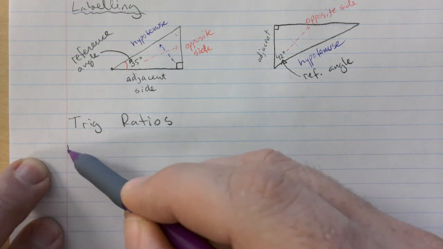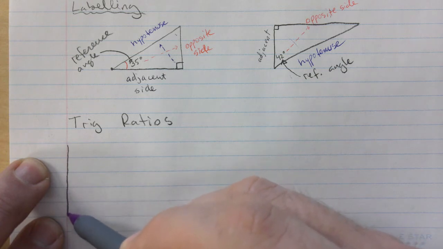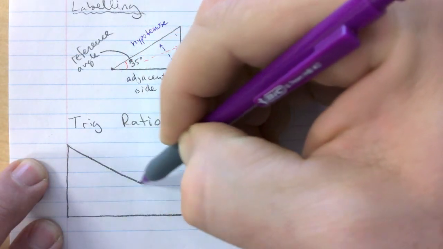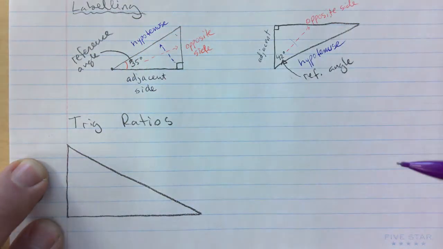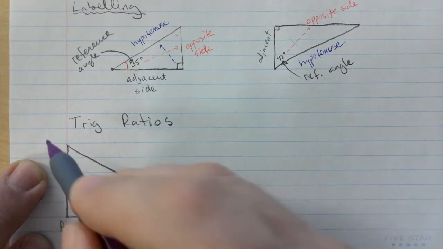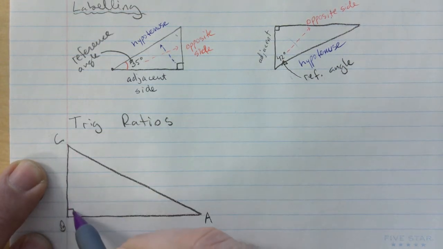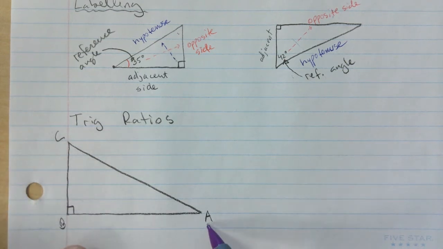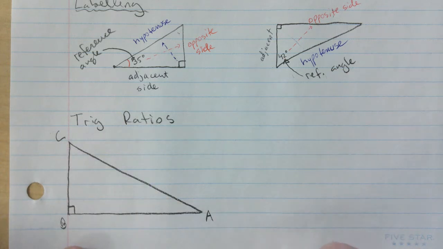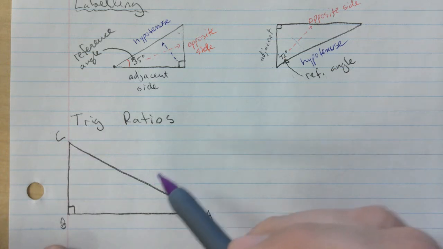Let's make a triangle like this, and then let's label it A, B, and C like that. Remember, capital letters are always used for angles and lowercase are used for side lengths.